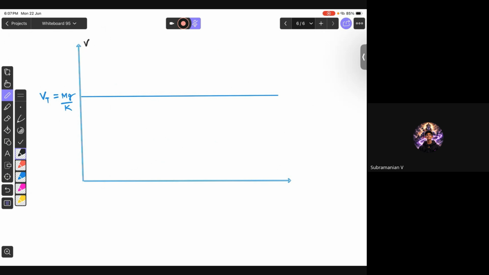So what will the plot of v versus t be? It's going to be this. It is going to touch that line, but at infinity. So this is the plot of v equals mg by k into 1 minus e to the power minus kt by m. Okay, I hope this is clear.